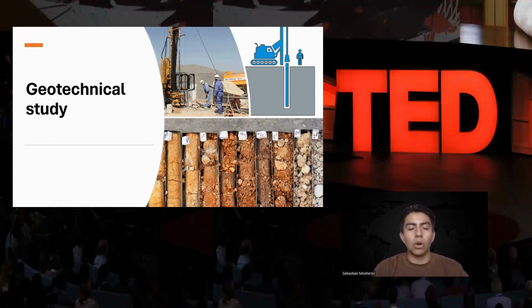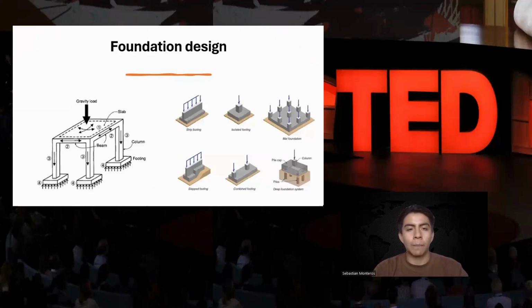For that, we have to extract a part of the soil and examine it. With the data we collect, we can determine the compressive strength of the soil, and by that determine our foundation.